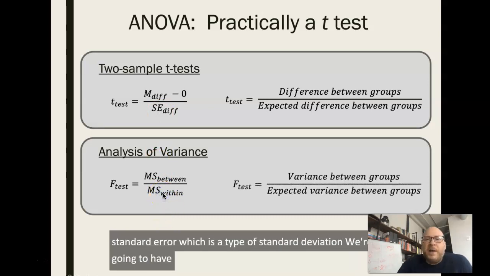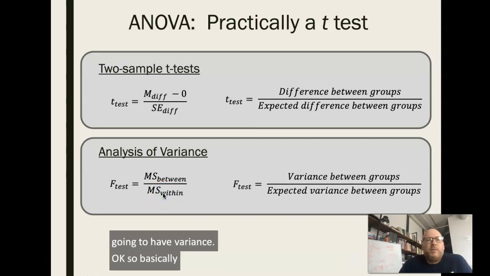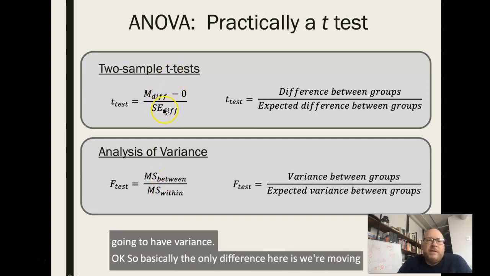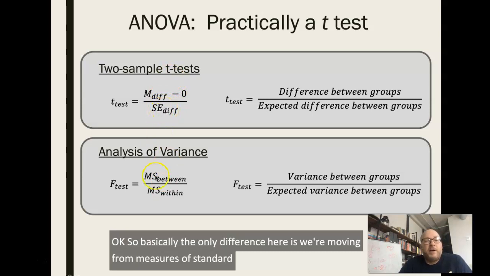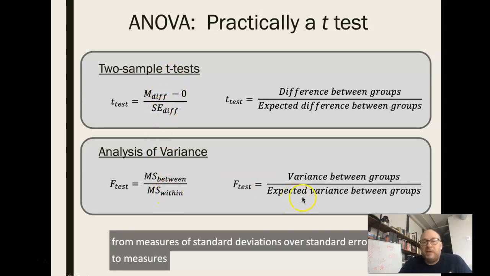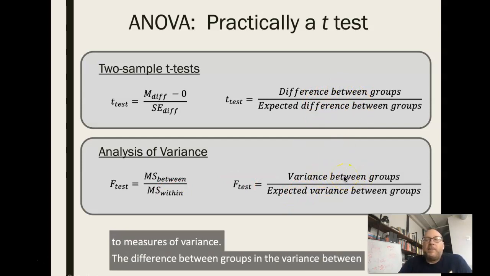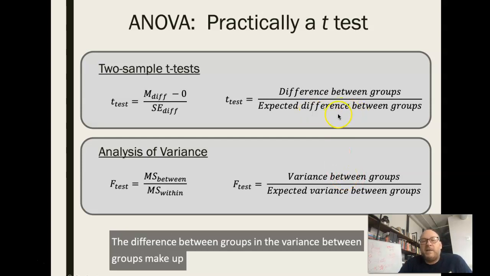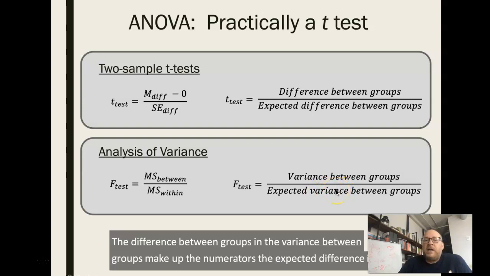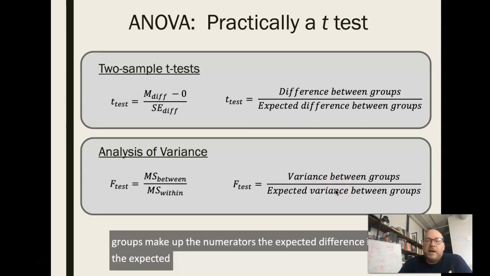So basically the only difference here is we're moving from measures of standard deviation, or standard error, to measures of variance. The difference between groups and the variance between groups make up the numerators. The expected difference makes up the denominator. So they are literally the same concept.